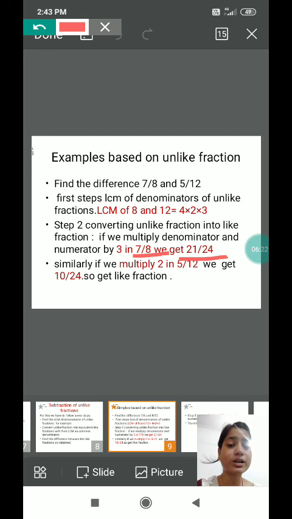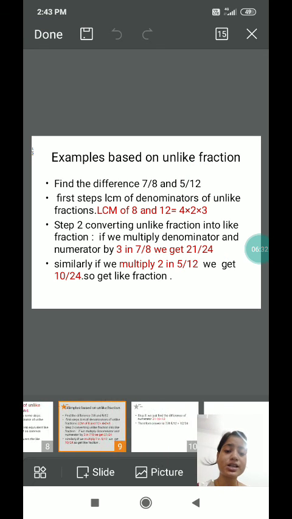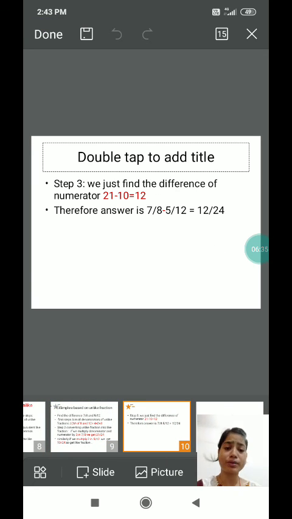Similarly, we multiply both numerator and denominator of 5 by 12 by 2 and we get 10 by 24. Now the third step is just like solving like fractions.